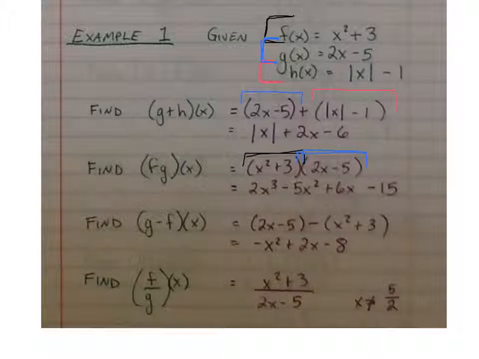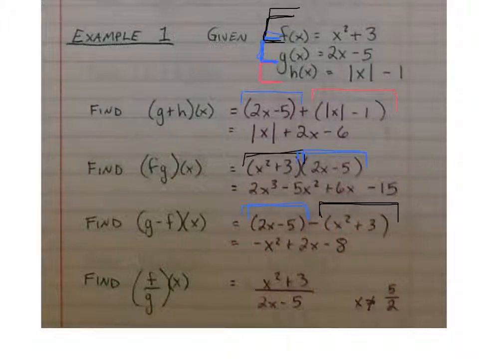The process continues on down with g minus f. So we take our g value, which is 2x minus 5, and we subtract our f value, which is x squared plus 3. So we subtract x squared plus 3. After writing it into standard form, we find that it subtracts out to being that.